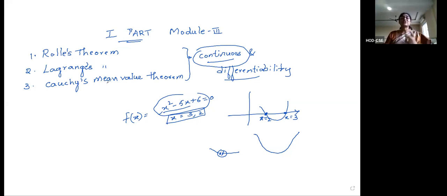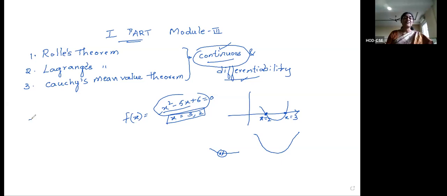There are two conditions: first, the curve should be continuous, and second, the curve should be differentiable. Geometrically, continuous means whatever curve you are taking should not be broken in the interval where you are searching, right?